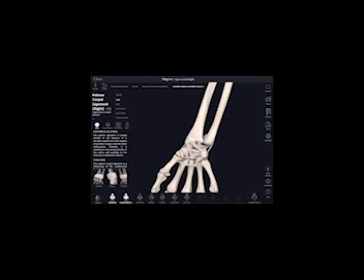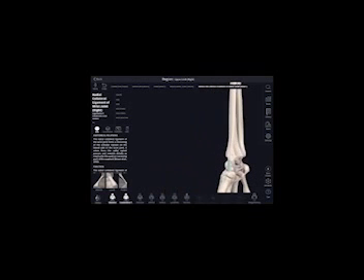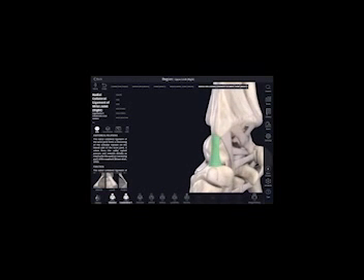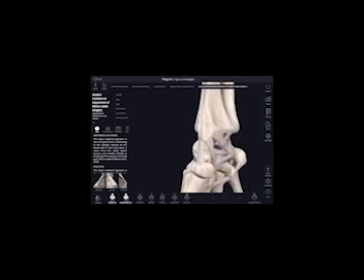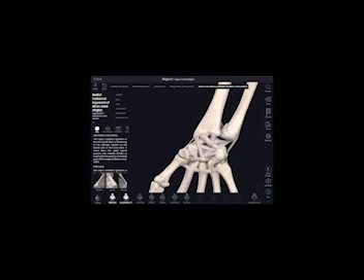For your wrist, first of all, I want to mention these two collateral ligaments. Much like in the elbow, the first one is the radial collateral ligament, located on the lateral side. If I rotate the structure, it's not a strong structure, and you could actually sprain this ligament.